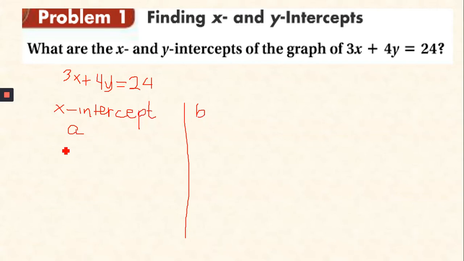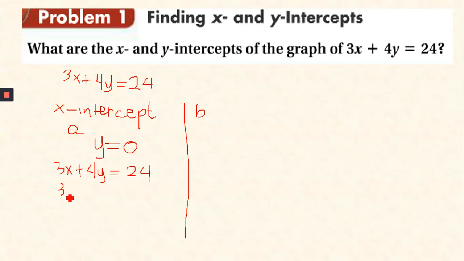Okay? In finding for the x-intercept, you always have y equals 0. Okay? So we have the original equation, 3x plus 4y equals 24. We're going to substitute the value of y.